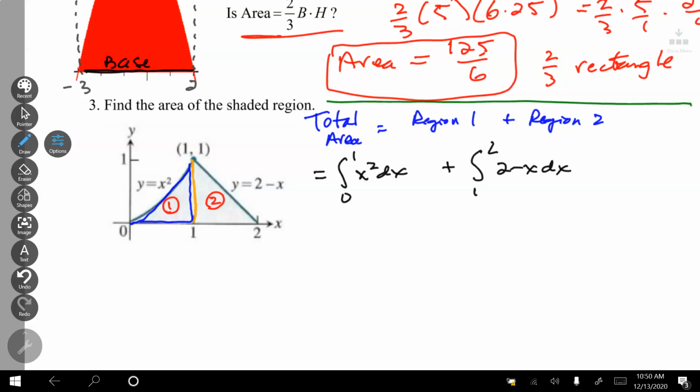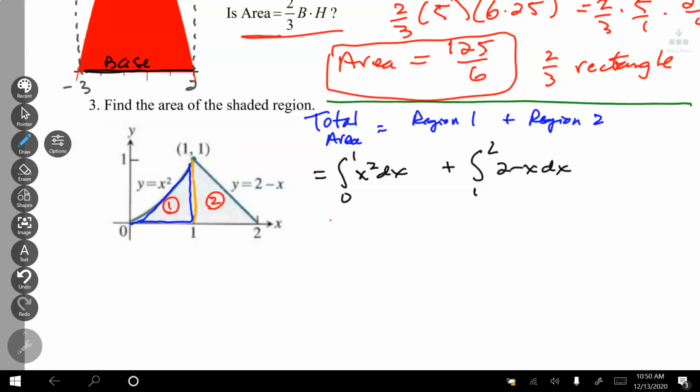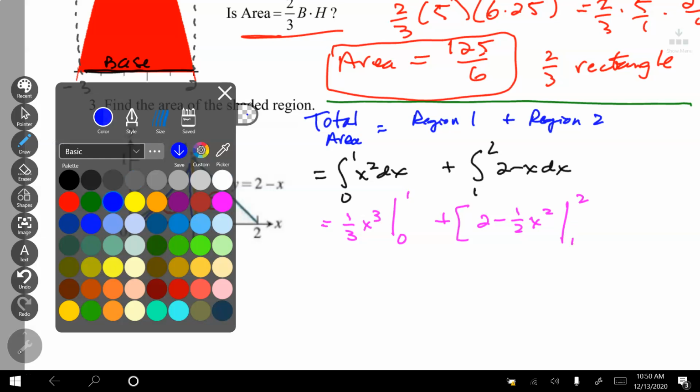So all I have to do is take their antiderivatives. Well, this is going to be 1/3 x cubed evaluated from 0 to 1 plus this will be 2x minus 1/2 x squared evaluated from 1 to 2. And I'm going to plug in the numbers.